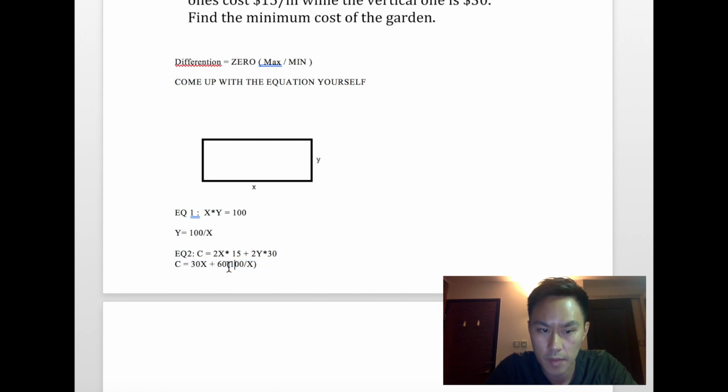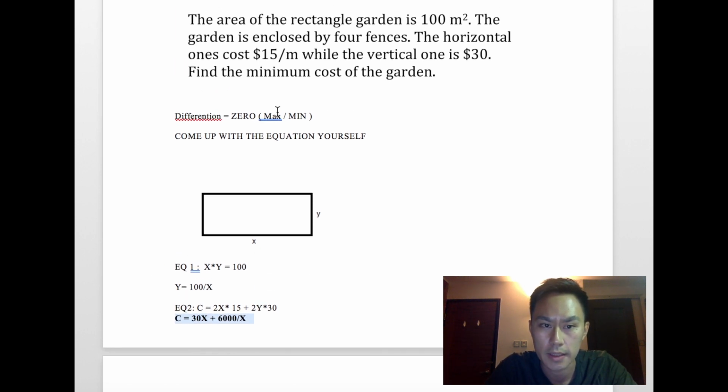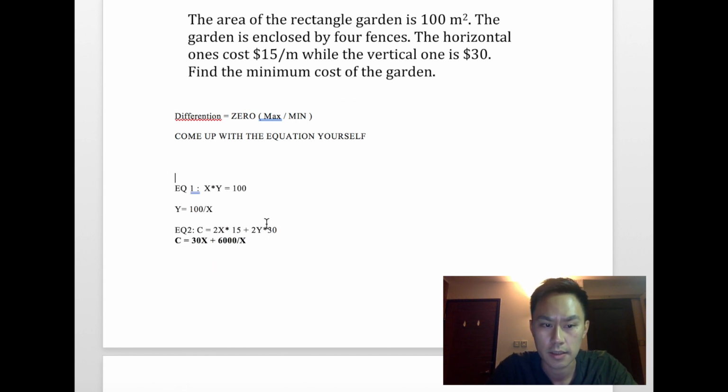Let me multiply this in. Then we'll have 6,000 over x plus 30x. Apply the concept, because we are finding the minimum cost of the garden. If you differentiate, C prime, what do you get?